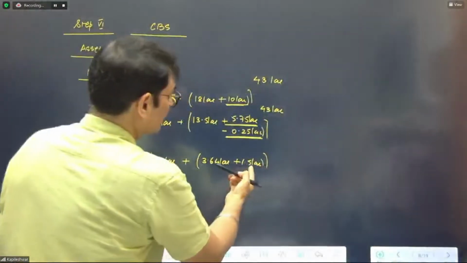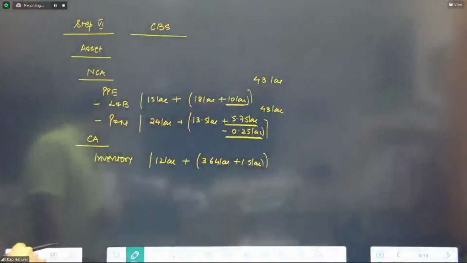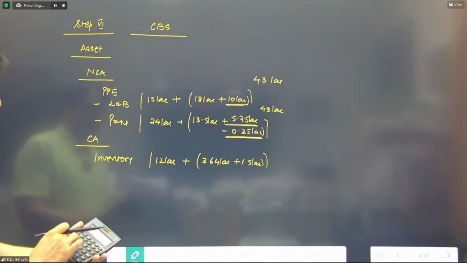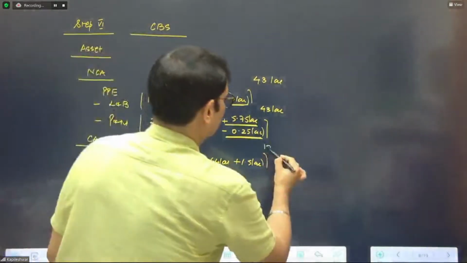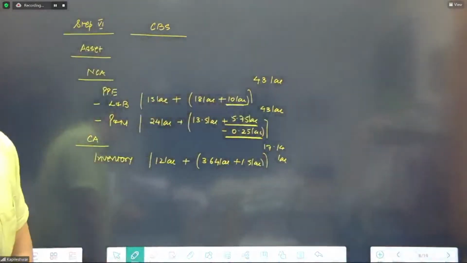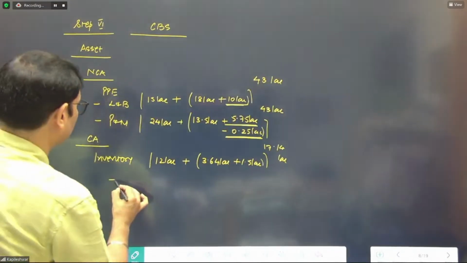So to the book value of the subsidiary, the fair value change is being added. So 3.64 plus 1.5 plus 12, that is 17.14 lakhs.